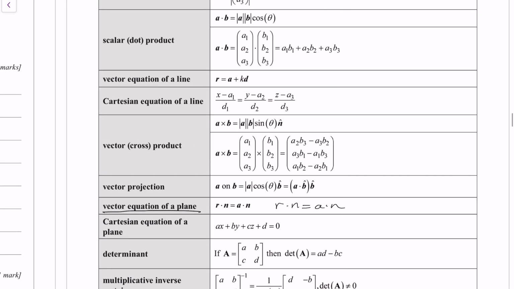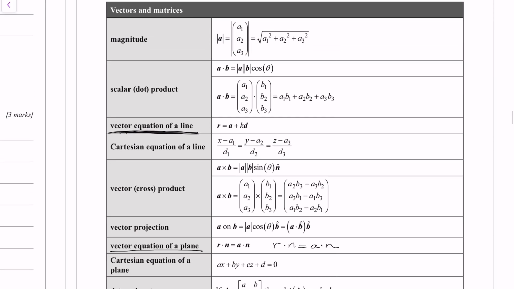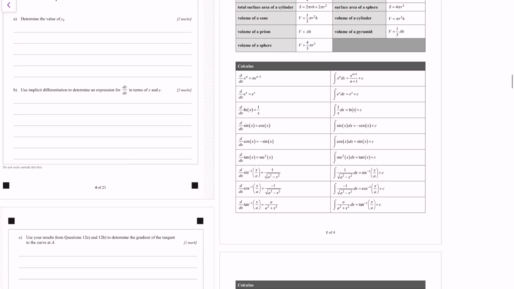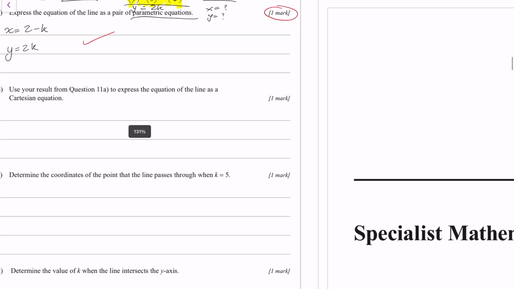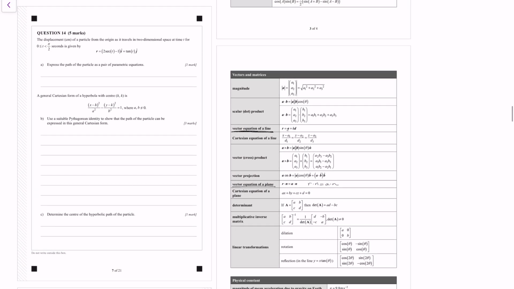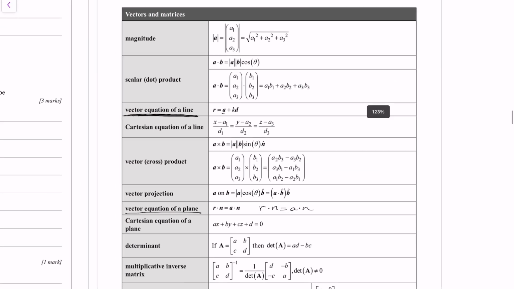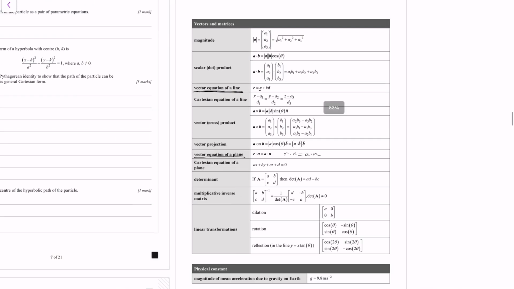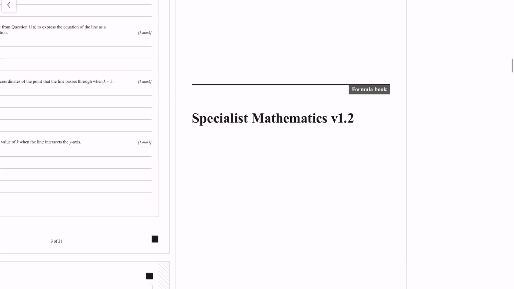So we have a vector equation of the line right here. And so that's basically what we're doing. x equals an a value plus a constant, which is k in this case, and a d value, which is the coefficient, okay? And we can also write that in vector form there.